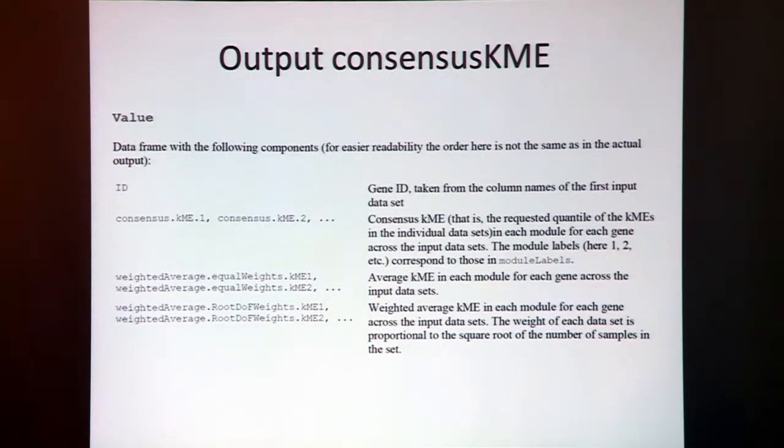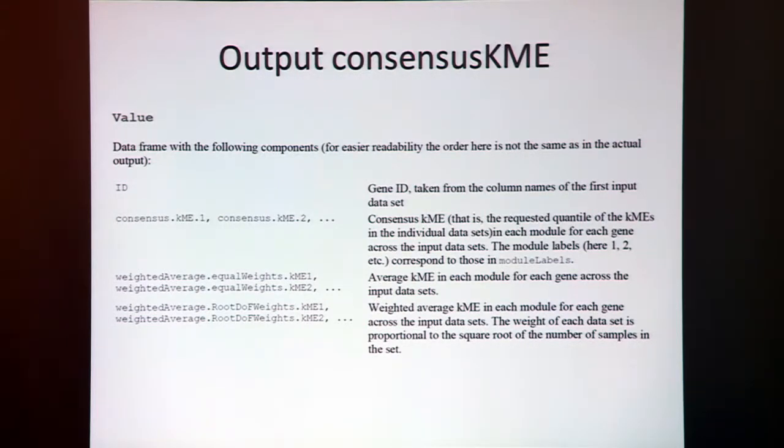Yes, so this function outputs various measures that allow you to rank the CPGs. Again, our philosophy is to give the user anything they could possibly ask for. One is just a straight average of KME.